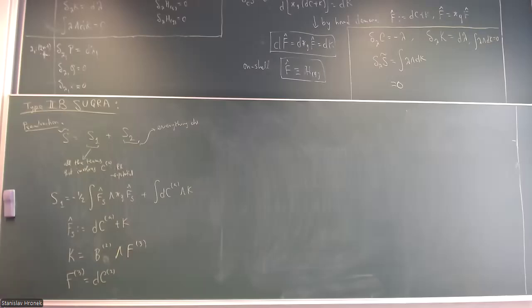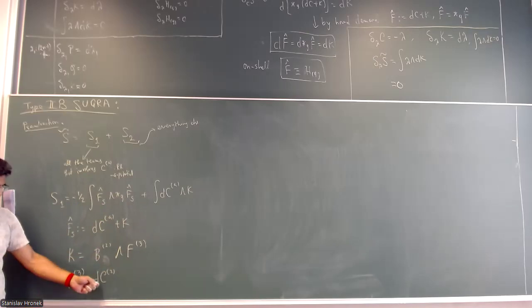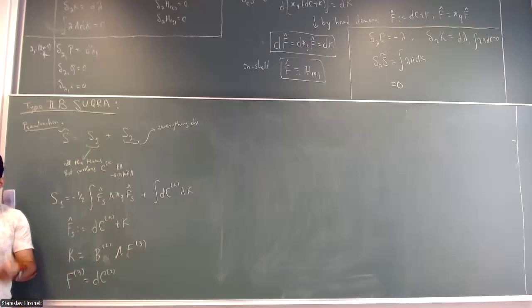So in presence of the Kalb-Ramond and the Ramond fluxes, the self-dual field is basically this twisted combination, right? In terms of which you have to write down the traditional kinetic form. And this immediately allows us to identify what is the K. The K is something that I have written as B2 wedge F3. And F3 is precisely the standard field strength of the Ramond two-form potential.